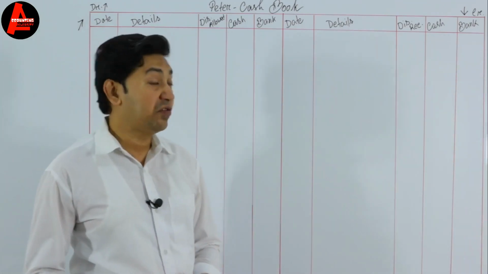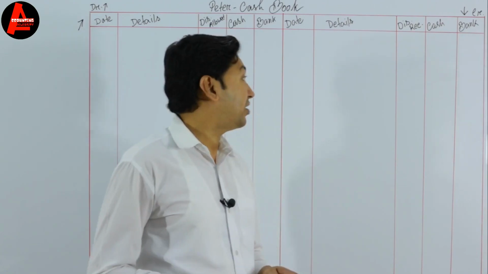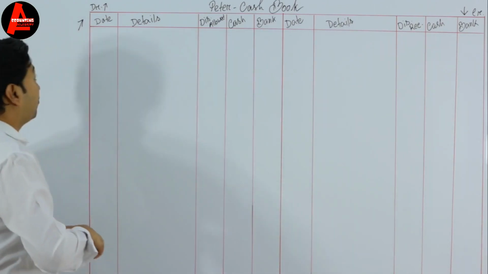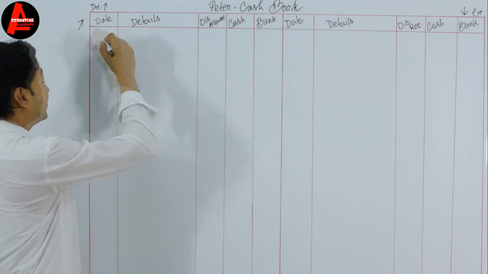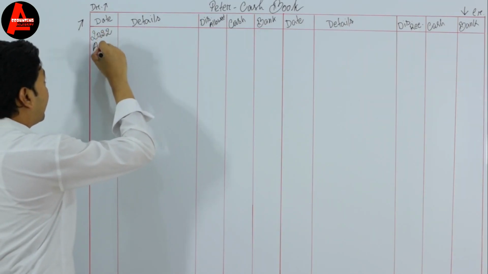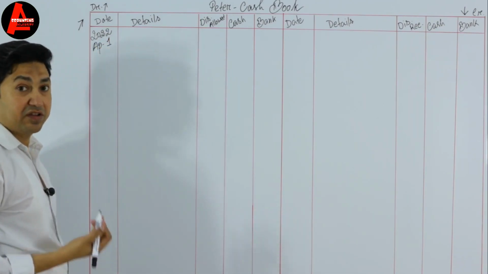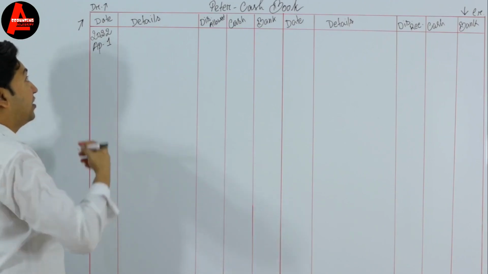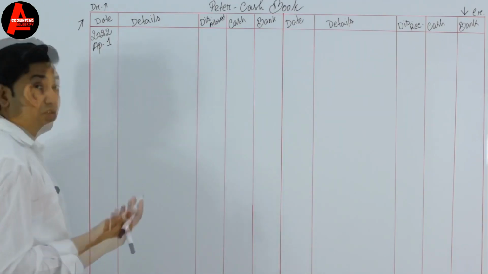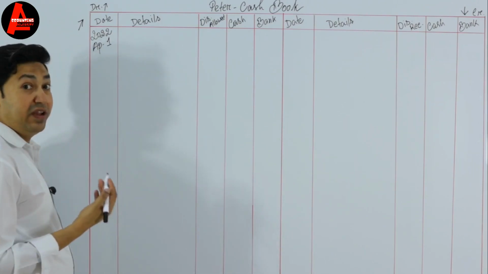In the question we already have the cash balance and bank balance. It is given in the question already. So we will write here the date, 2022 April 1st. Okay, this is the first day of the financial period. So here the financial period started 2022 April 1st and will end on 2022 April 30.